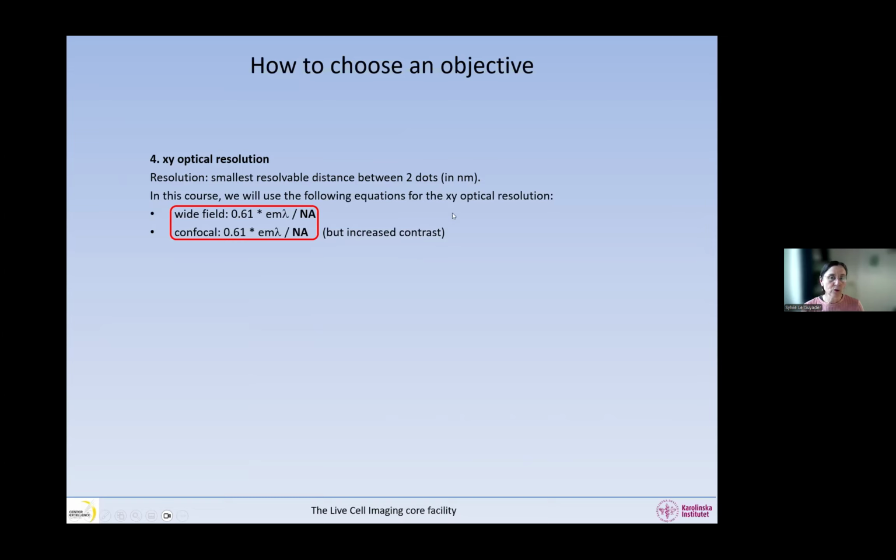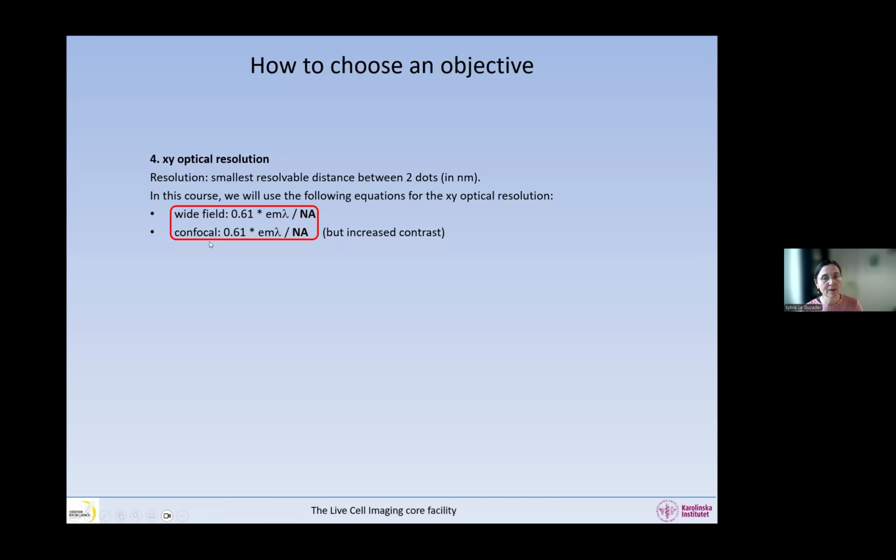So in this course, we are going to follow two equations to calculate the resolution: the same equation for XY, and one equation for Z. And I have chosen with good reason, so I'm going to argue my case, that we're going to use the same thing for wide field and for confocal, whichever they are.